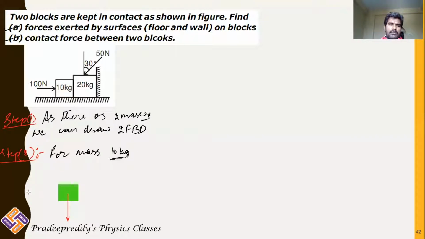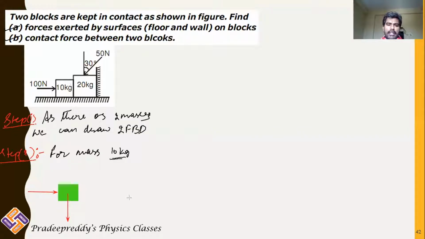And a force of 100 Newton is acting to the right side. As 100 Newton of force is acting on 10 kg to the right, 20 kg will exert an equal force in the opposite direction because 10 kg is to be in the rest position.